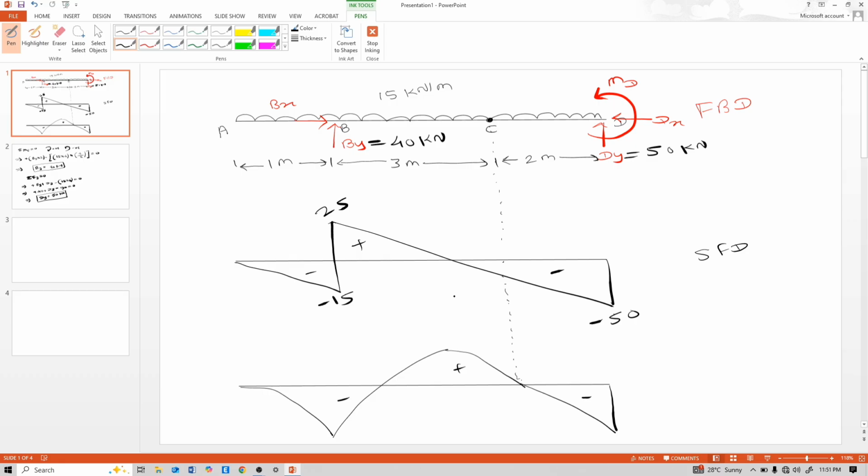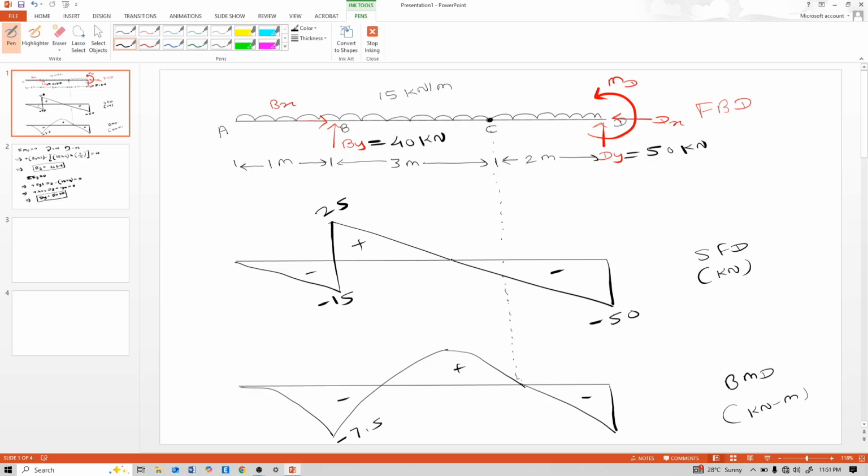So these are the SFD values. Now calculate bending moment. So this is minus 15 into 1 into 1 by 2, minus 7.5. BMD unit is kilonewton meter and SFD unit is kilonewton.